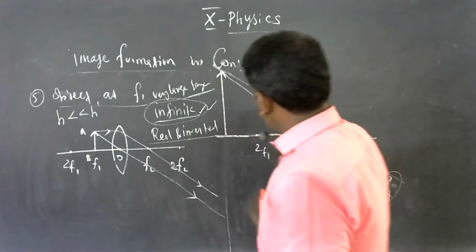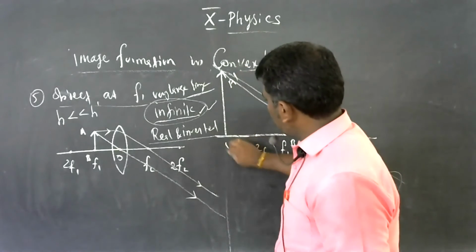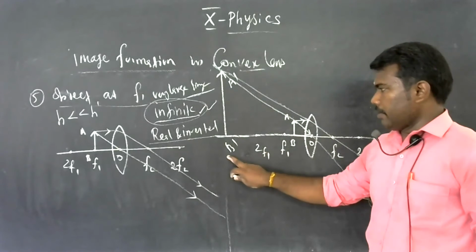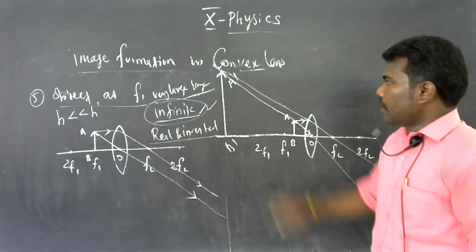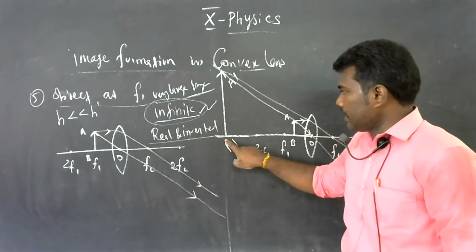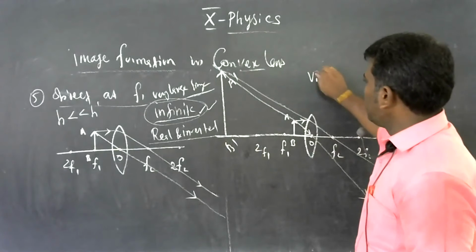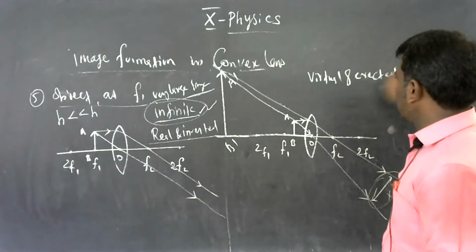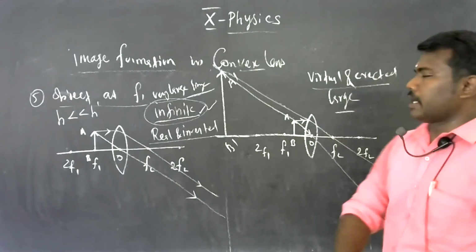So the image will be formed on the same side of the object. So this is A dash, this one is B dash. Beyond the 2F1, the image will be formed on the same side of the object, and the size is very large. Enlarged size image will be formed on the same side of the object, and the image is nothing but virtual and erect. Enlarged size image, and the nature is virtual and erect.